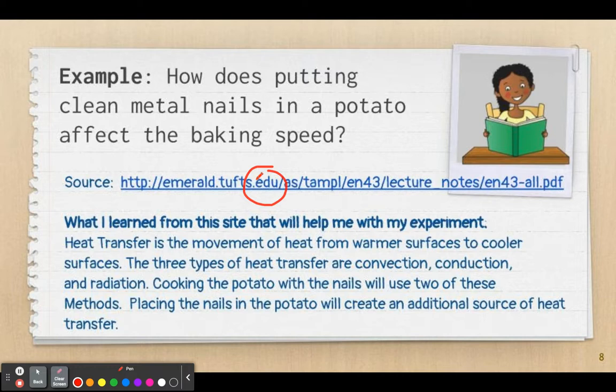The three types of heat transfer are convection, conduction, and radiation. Cooking the potato with the nails will use two of these methods. Placing the nails in the potato will create an additional source of heat transfer. So, the science behind my question has to do with heat transfer, and this site allowed me to really look at some details to help me with my experiment.